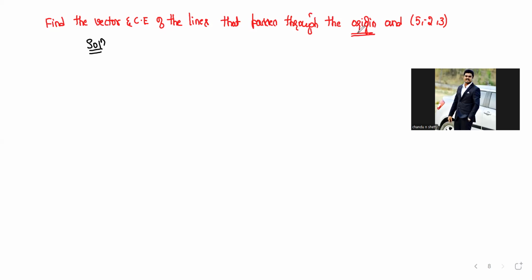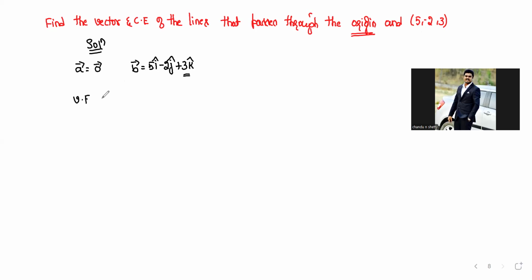So the point is what? Origin. So vector a is equal to 0 vector. Clear? And again vector b, you should make this point a vector conversion: 5 i cap minus 2 j cap plus 3 k cap. Clear? Now we need what? Vector form and Cartesian form.